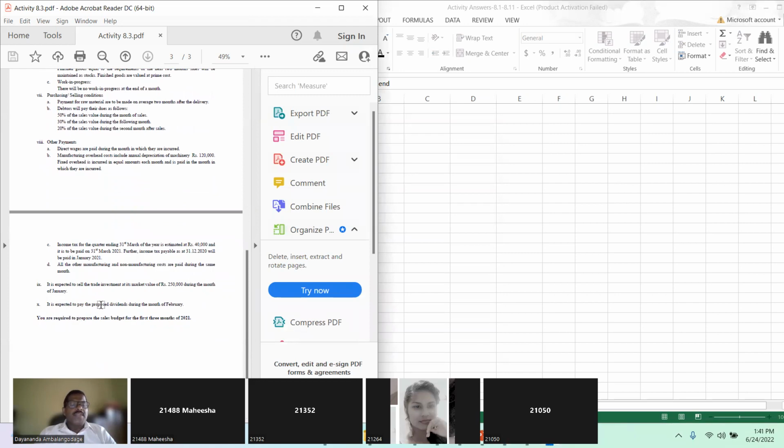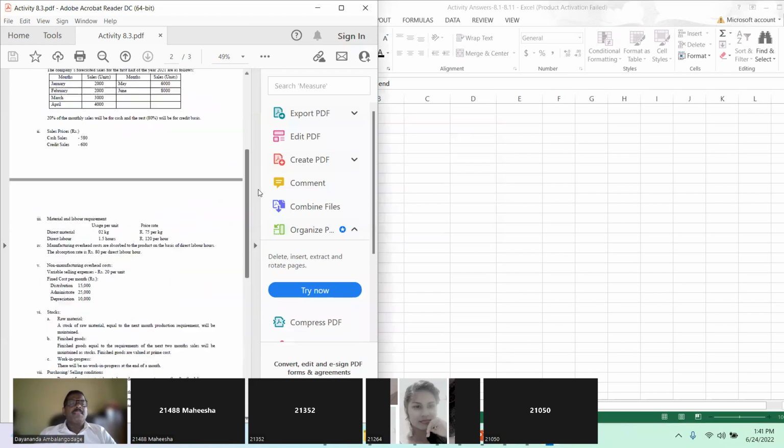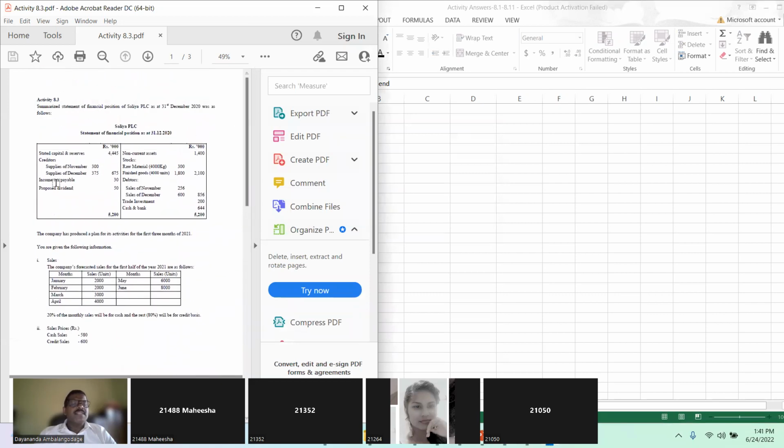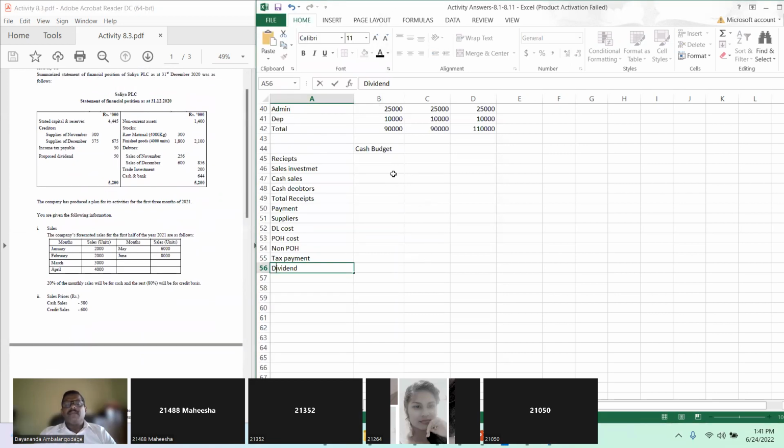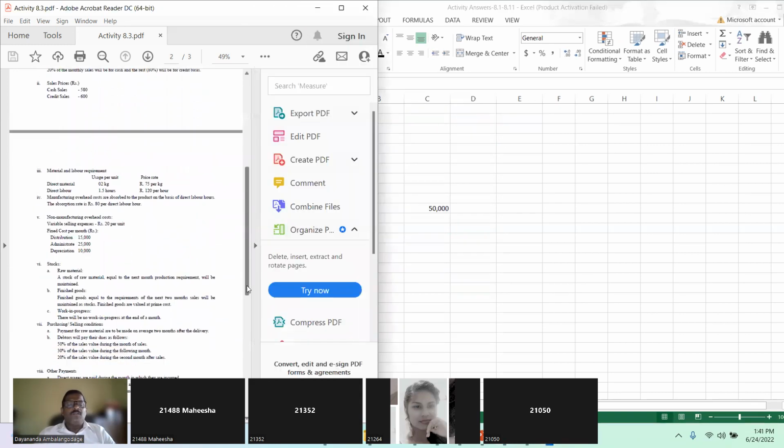It is expected to pay the proposed dividend during the month of February. What is the expected dividend? That is 50,000. So you are paying in the month of February. This is January, February, March. Dividend is 50,000. Then tax, of course, there is another note for the tax.